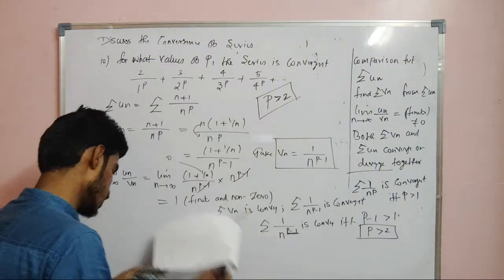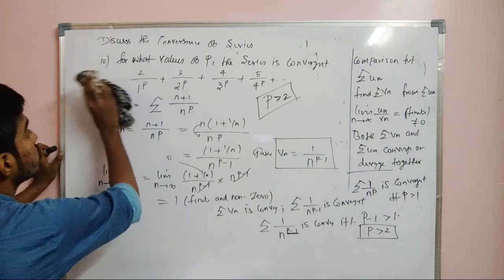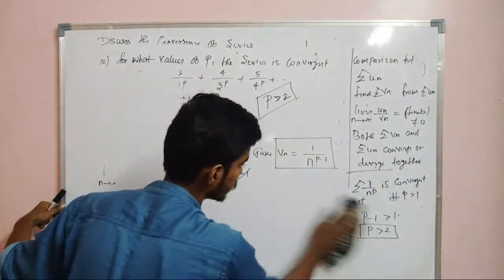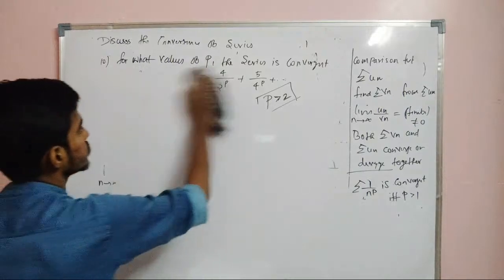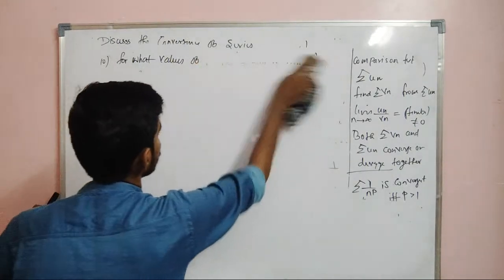Okay. So 11th problem. For what values is the series convergent?